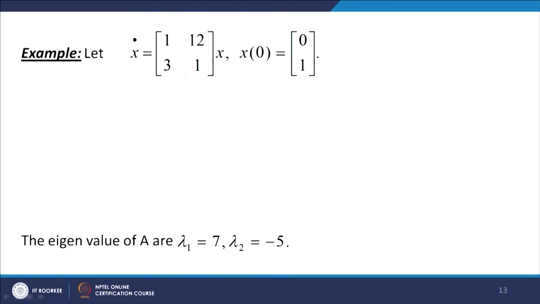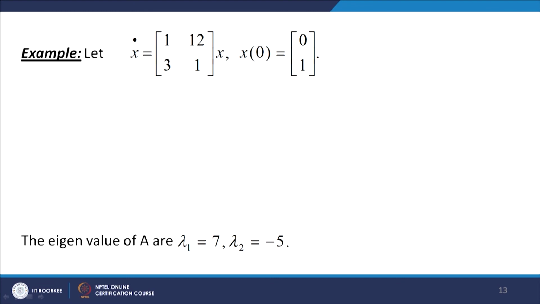Now let us take another problem. This is an initial value problem. Here we are given the vector differential equation x dot equal to Ax, and we are also given an initial condition, that at t equal to 0, x is equal to (0, 1).